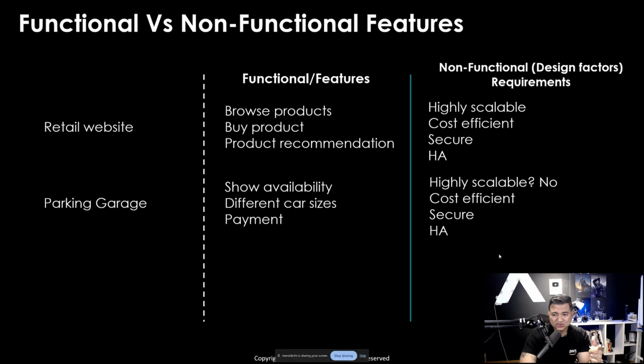It doesn't need to be highly scalable because in each parking garage, there are only a finite number of parking spaces. So though the front end needs to be scalable up to a certain point, the database is not going to be as scalable as the retail website. It should be cost efficient, should be secure, and highly available.